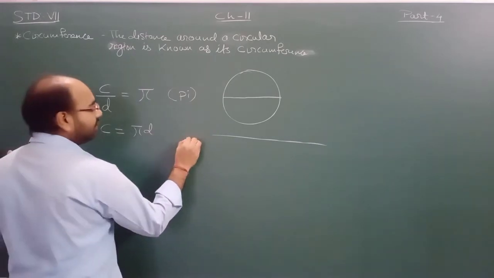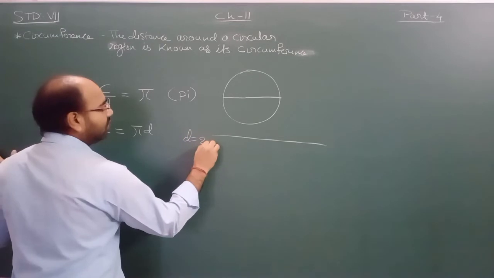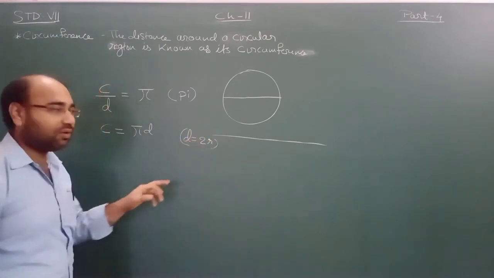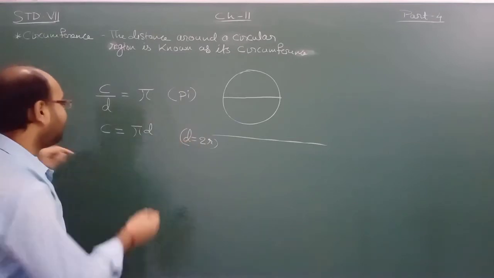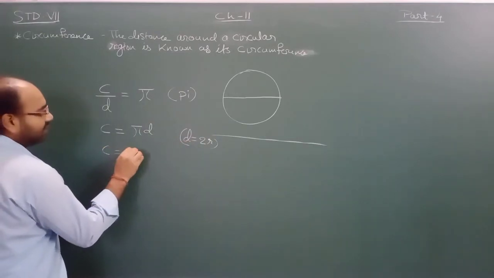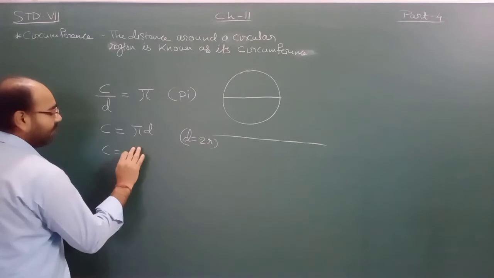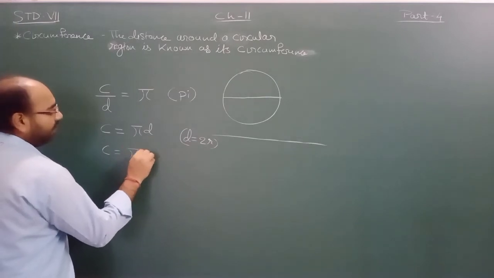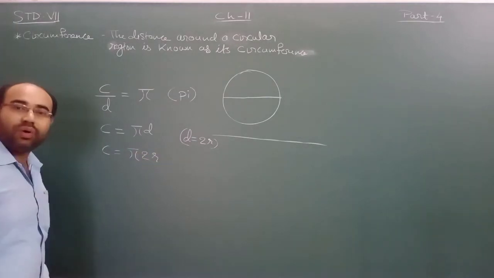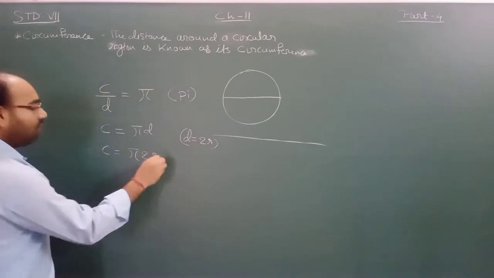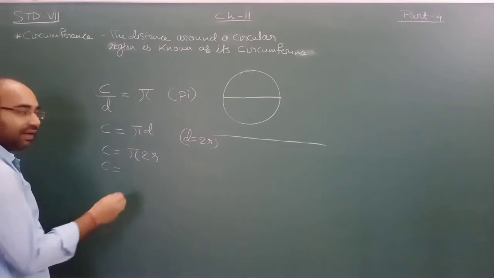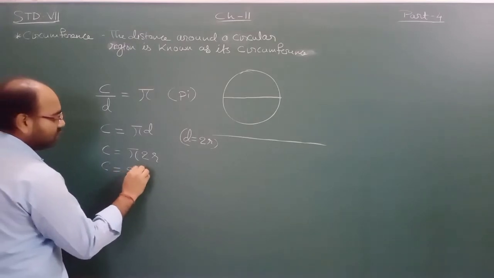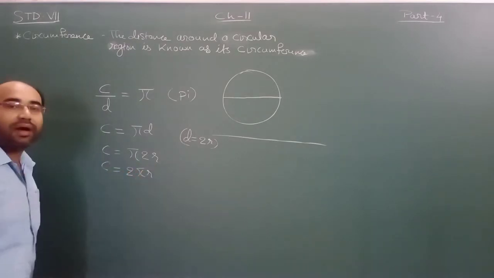And we know that d is equal to 2r. Two times radius gives one diameter. So I can write that c is equal to pi into 2r. All of them are to be multiplied. So the formula finally comes: 2 pi r.